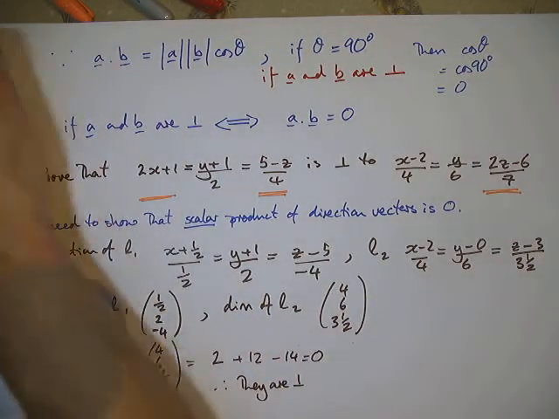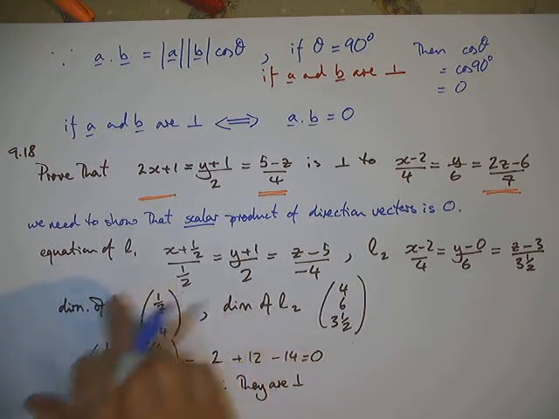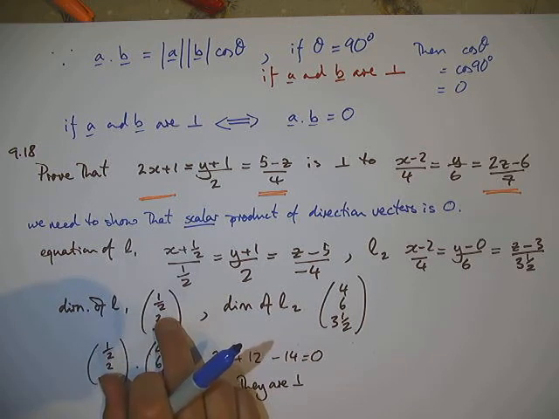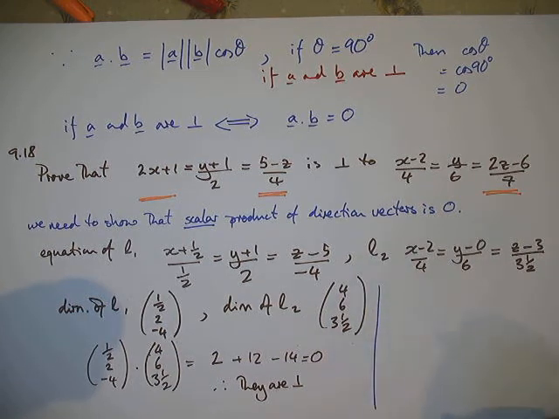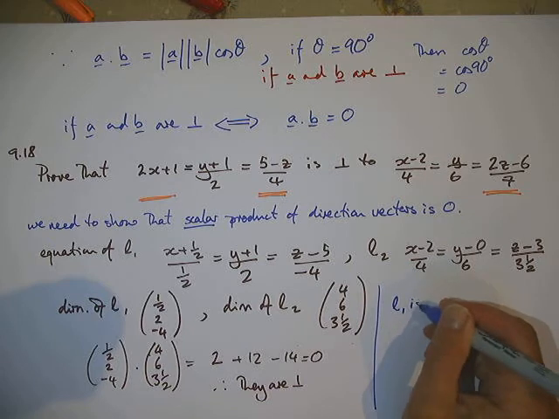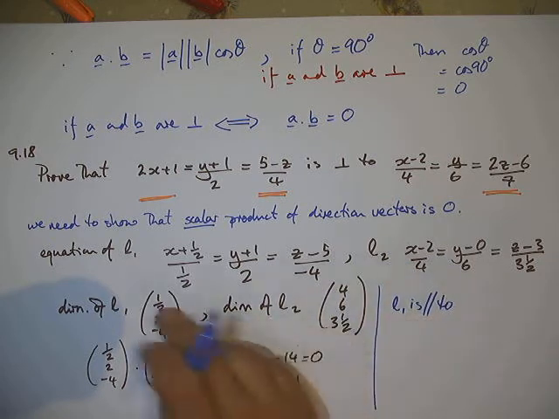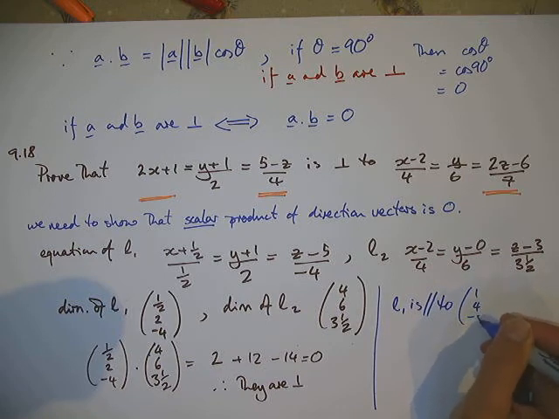Okay. At this point, can I just show you something which is important? Let's say you didn't want to work with fractions. That's the direction. So anything which is a multiple of that is still parallel to it, isn't it? If we hate fractions, L1 is parallel to double all those: (1, 4, -8).